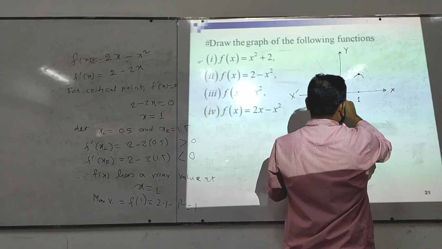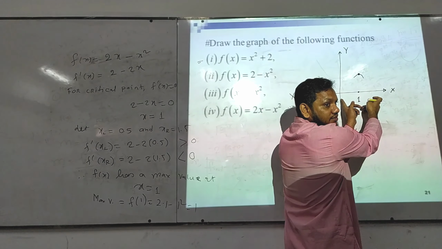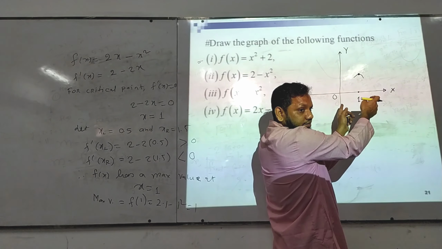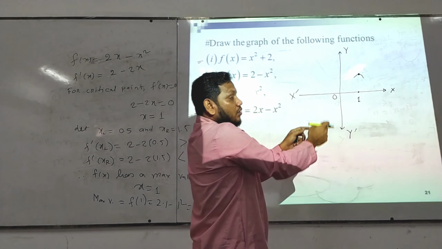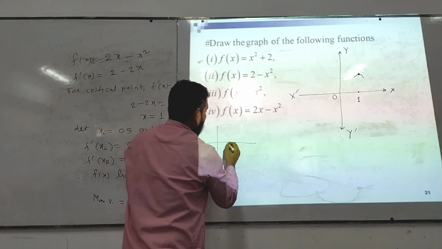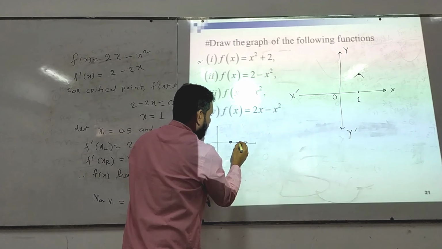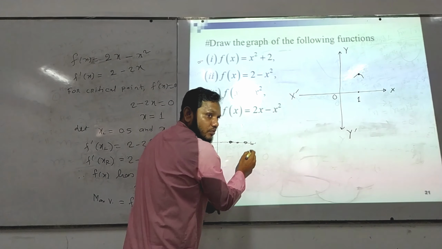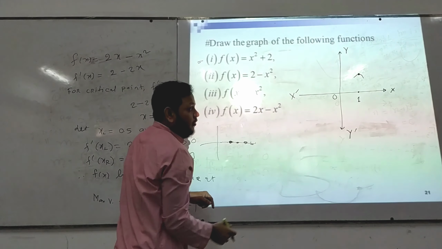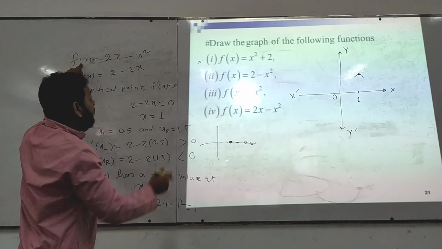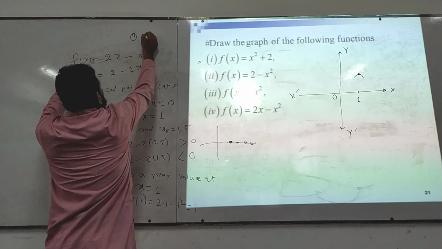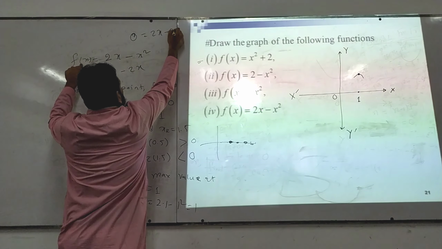Now, as the function cuts the x-axis, at the x-axis, the value of y is 0 everywhere. So y means f of x. F of x is 0. That is 0 equal to 2x minus x square.